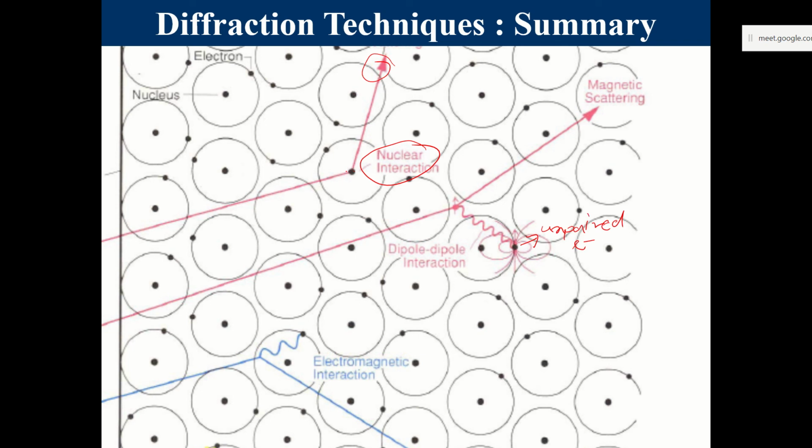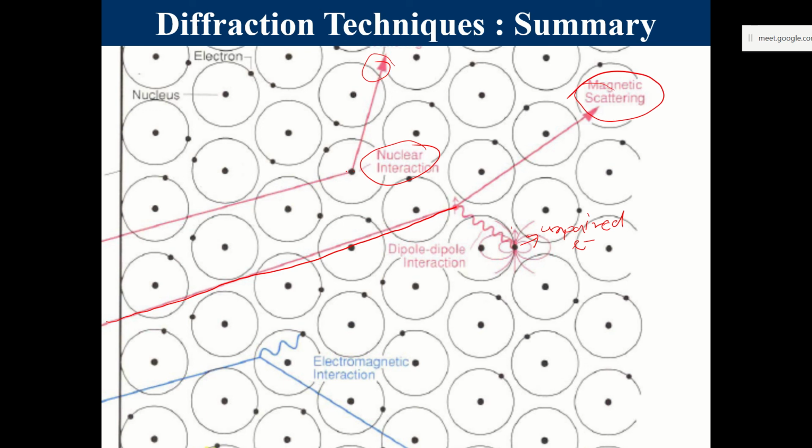The neutron is going through like this, but when it reaches here, it is in the magnetic field. It is a through-space interaction. It is closer to the electron, and so gets deflected. This is the magnetic scattering.